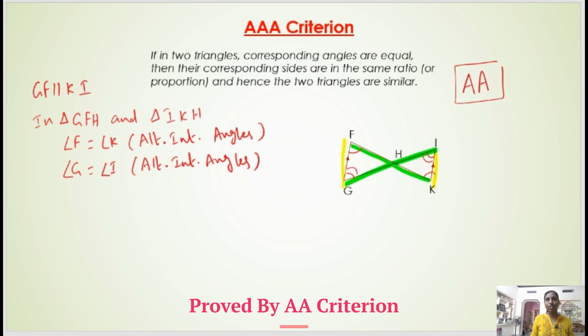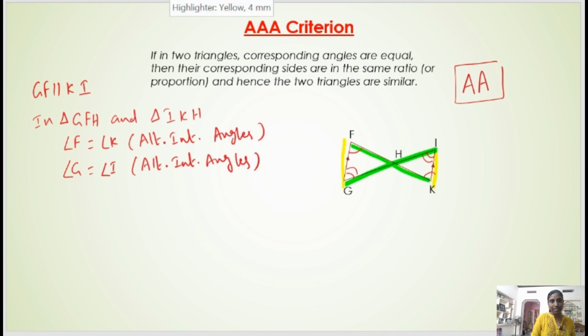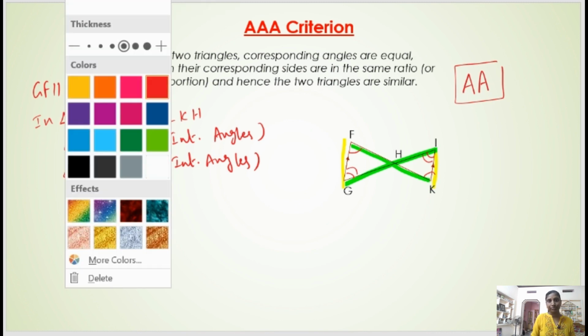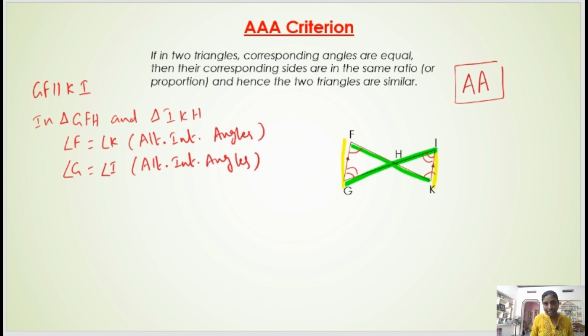But if you want to prove by AAA criterion, then we have to look for one more angle. It means here you can see this angle and this angle are also equal. Why? Because these are vertically opposite angles.